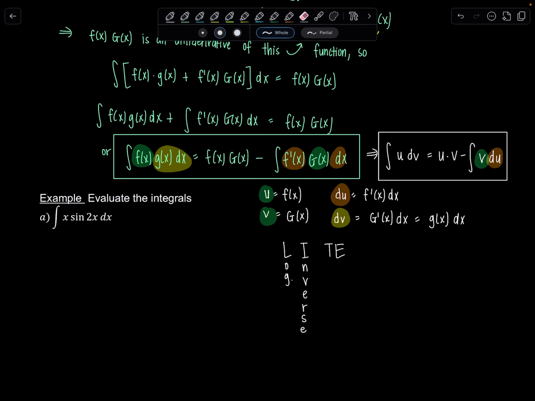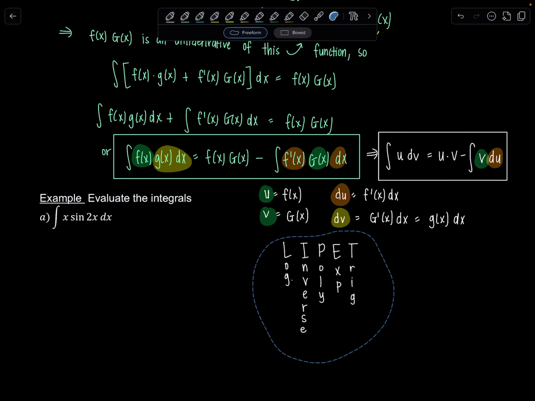There's another one instead of LIATE, what is it? LIPET: polynomial, exponential, trig. But there's always exceptions, and I'd rather you have a better understanding of what's going on, okay?